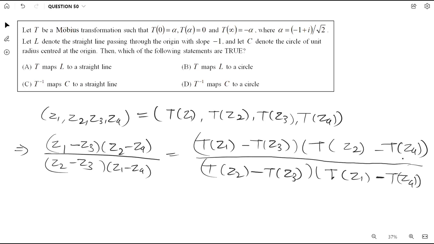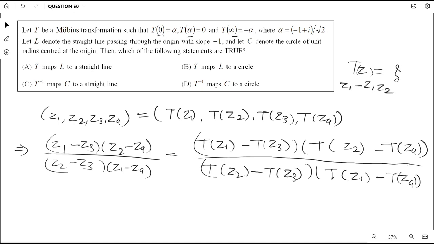Now we have 3 points, 0, alpha and infinity, and we have to find a formula for T of z. So assume z1 is equal to z, z2 is equal to 0, z3 is equal to alpha, and z4 is equal to infinity.